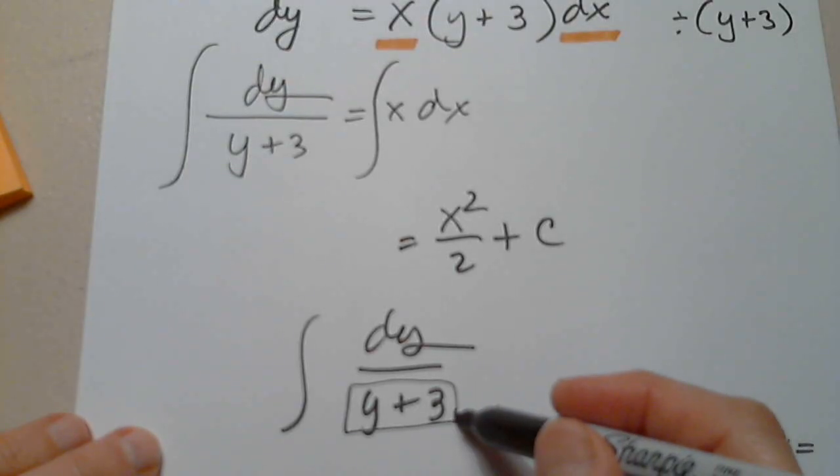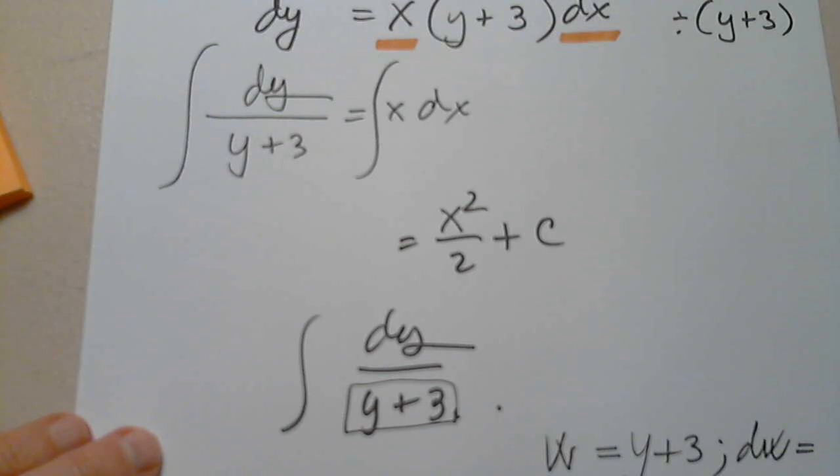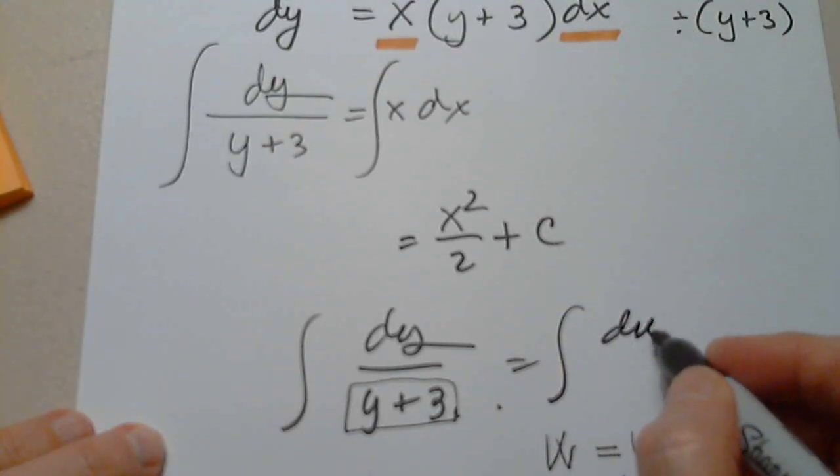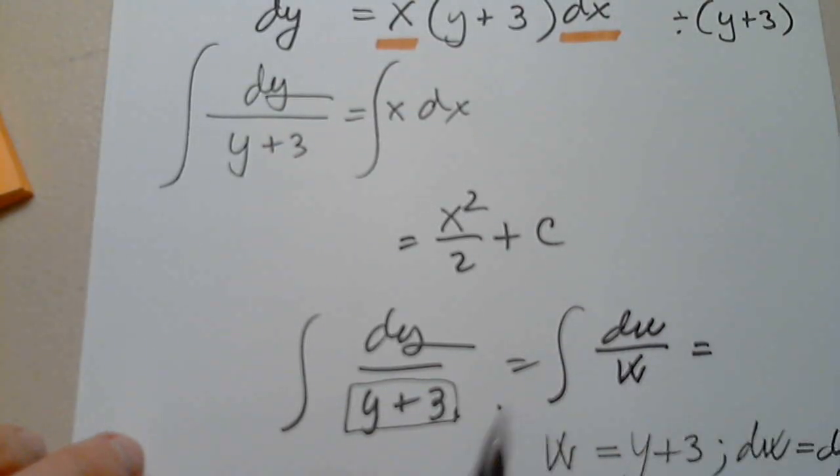I only have y plus 3. So dw equals dy. So then the integral is dw over w. Okay, so what do I have?